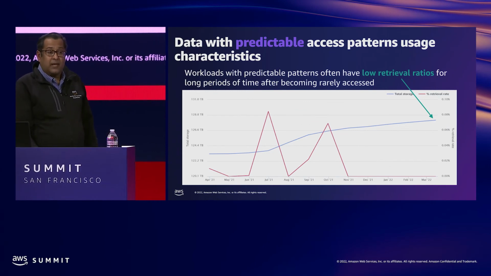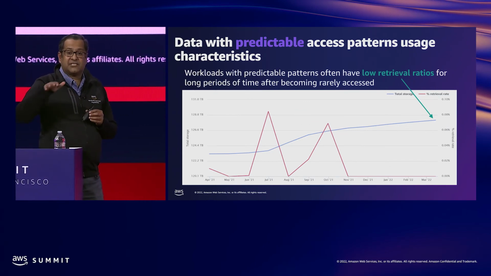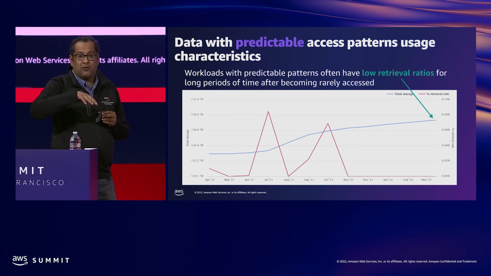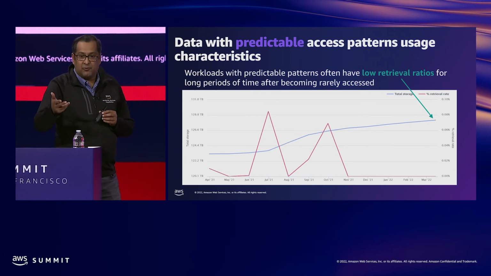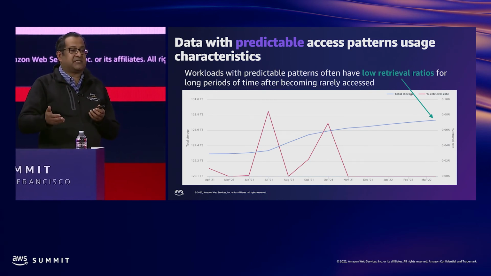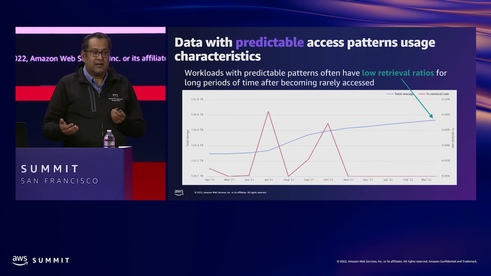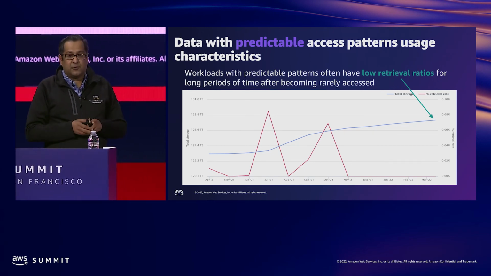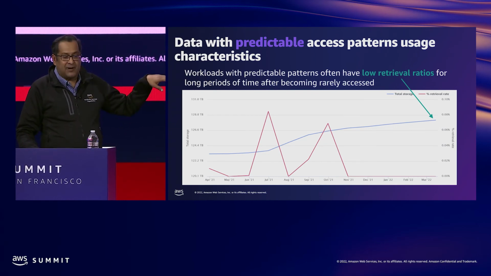The other thing I would like to point out with Storage Lens is how you can use it to identify the access pattern of your data. If you remember, we had the activity metrics, the puts, the gets, the retrieval rates, right? The retrieval rates kind of indicate how frequently you're accessing your data. If you look at this graph here with Storage Lens, you can see that there are spikes in the data access initially, and then it cools off. That's a red line.